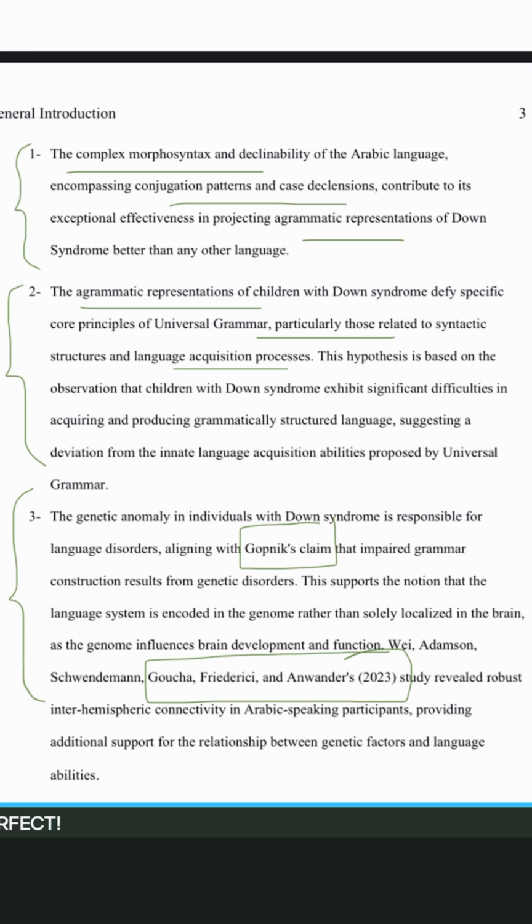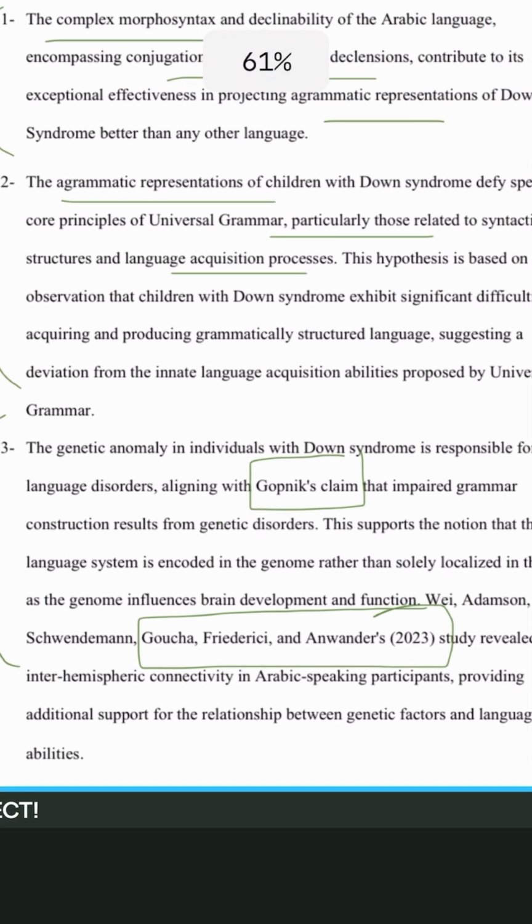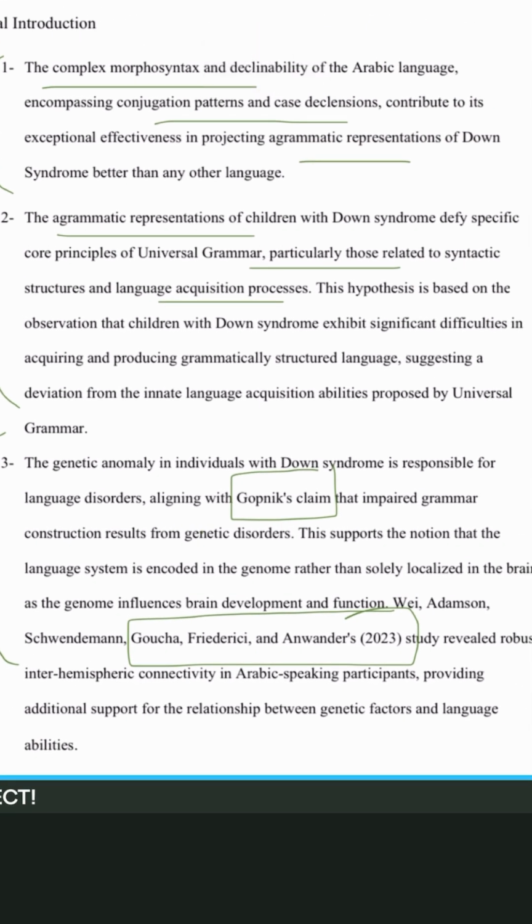So this supports the notion that the language system is encoded in the genome rather than solely localized in the brain, as the genome influences brain development and function. And then we mentioned that Adamson, Schwendman, Gucha, Friedrichi, all these names, their study revealed robust interhemispheric connectivity in Arabic-speaking participants, providing additional support for the relationship between genetic factors and language abilities, okay?